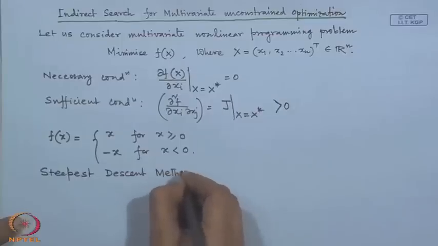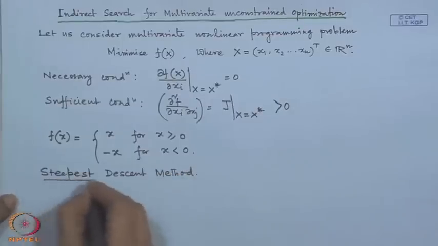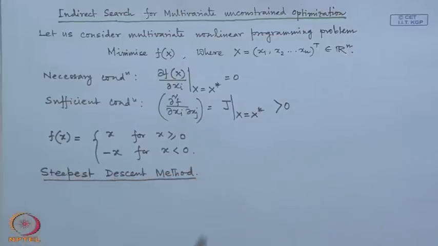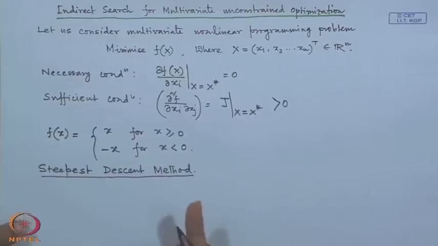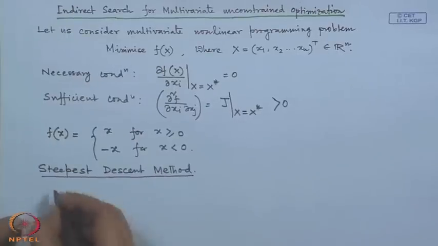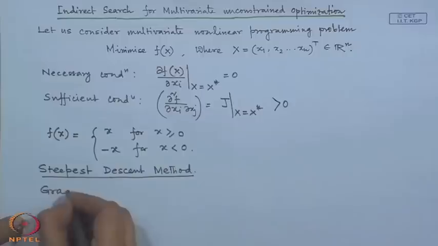Let me just tell you the basic principle of the steepest descent method. As I said, this is the gradient method, this is the indirect search method. It uses the concept of gradient.